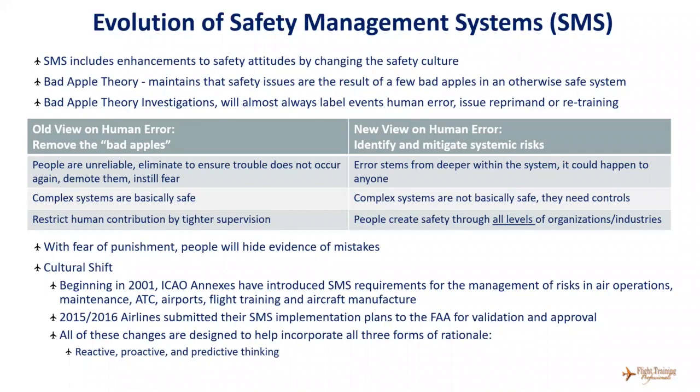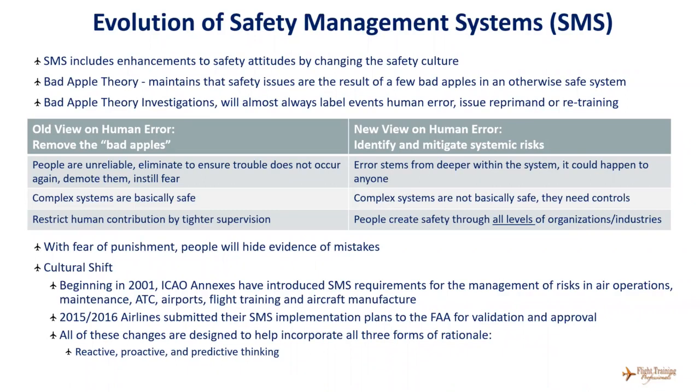So anytime there was an event, an accident, an incident, almost always, if you have a culture of bad apple theory, you will label it human error, and you'll issue reprimand or retraining. So the old view of human error is to remove those bad apples. It says that people are unreliable, to demote them and to instill fear.